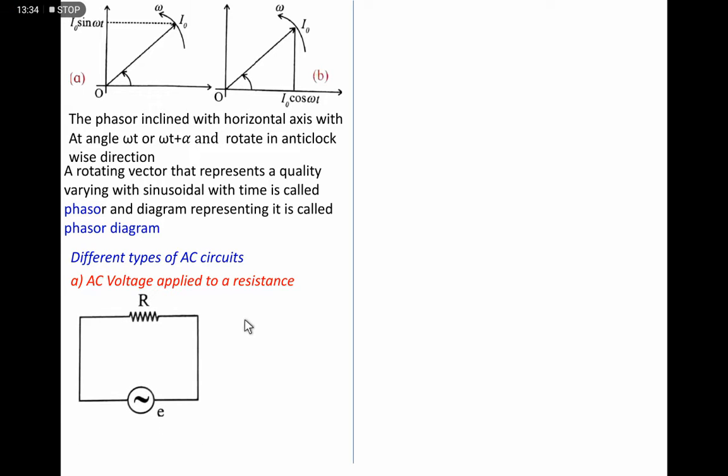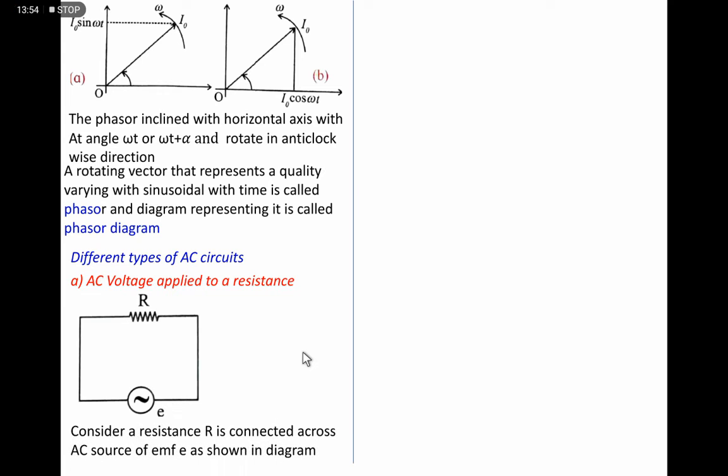In this circuit, we will learn how the EMF and the current relate to each other by using the phasor diagrams. Here resistance is connected across the AC generator. R is the resistance across the AC source.